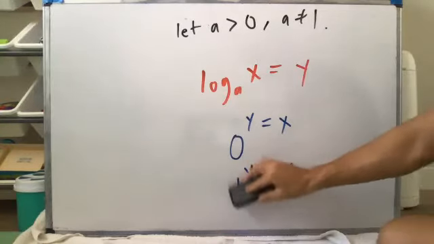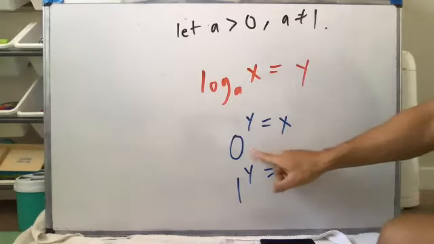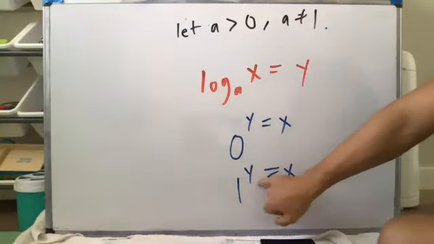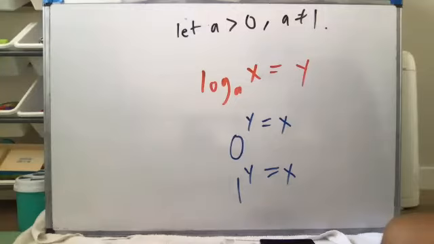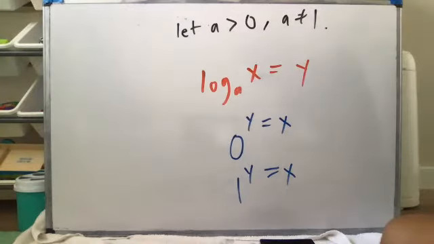So if it's 1, I have a similar issue to the 0 question, because 1 to any power is just going to be 1 back again, right? So you can't get any x in general. Does that make sense? Yeah, for negative, there's also an issue.